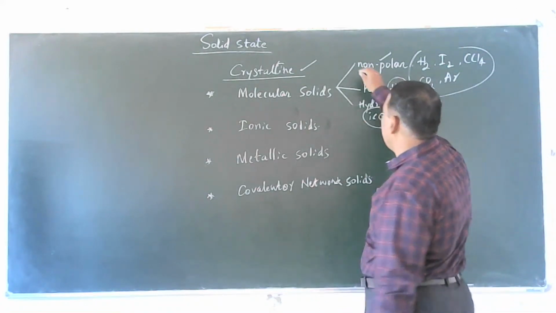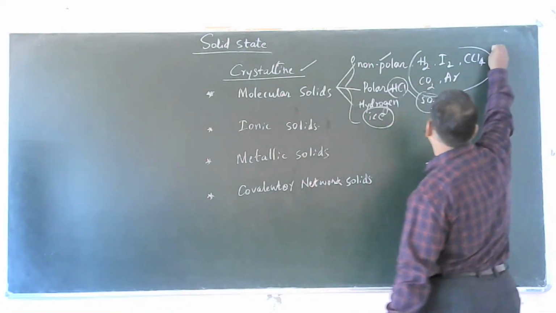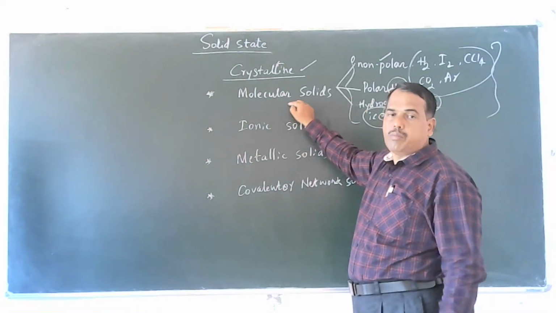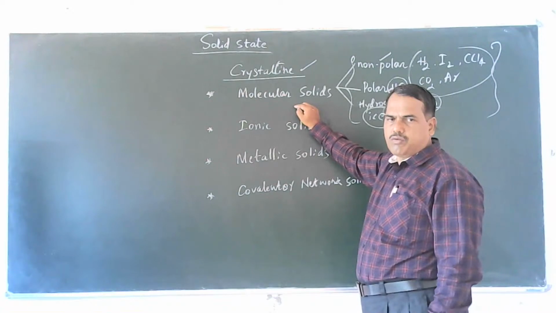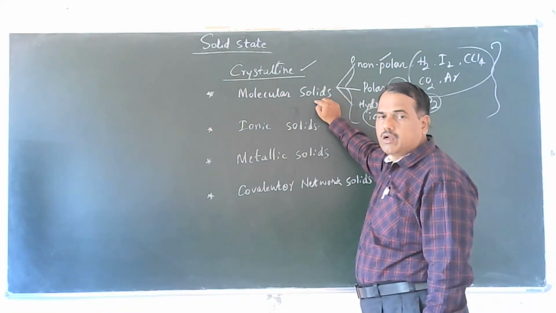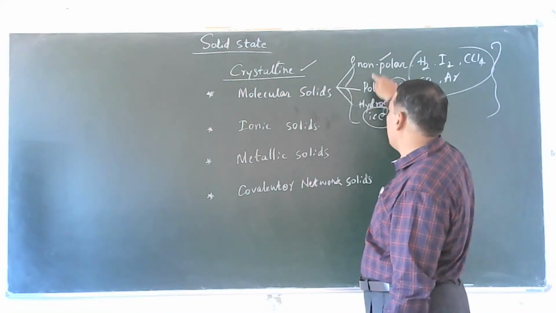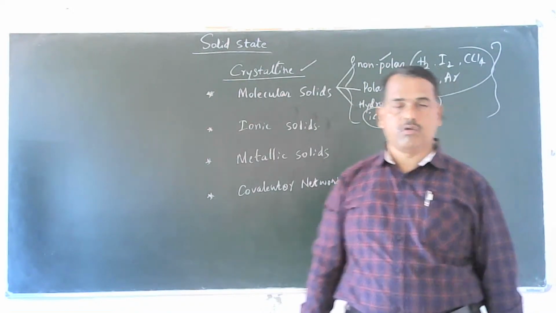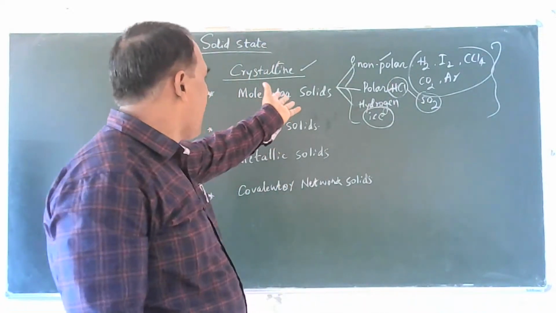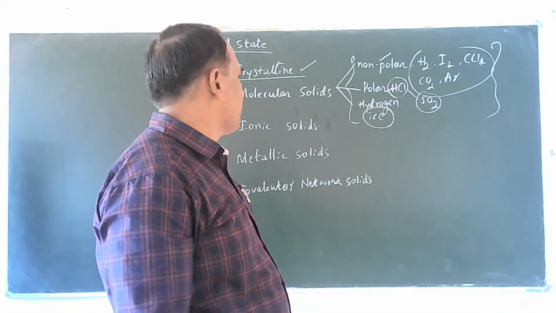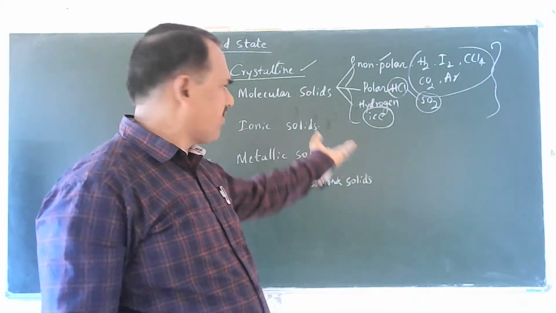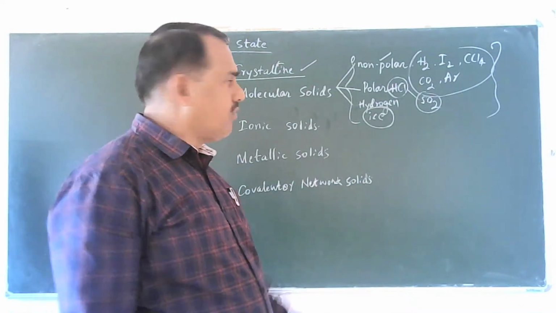See all these molecular solids, their constituent particles are molecules. And if you go for electrical conductivity, all these are non-conductors. You cannot get electricity. Then if you go for other characteristics of molecular solids, all molecular solids are soft except ice.